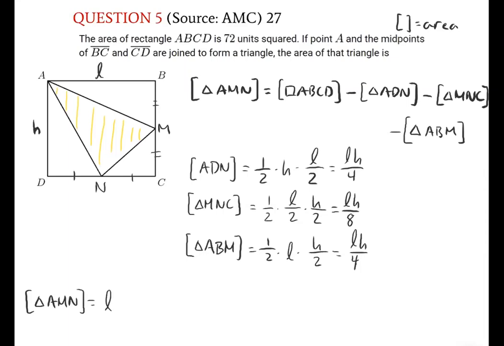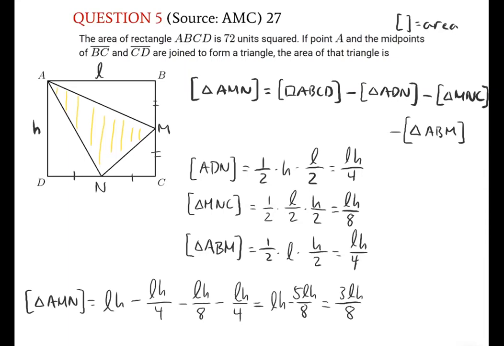It's just LH. So that minus LH over 4 minus LH over 8 minus LH over 4, and we can simplify that to LH minus 5 LH over 8, and that's equal to 3 LH over 8.